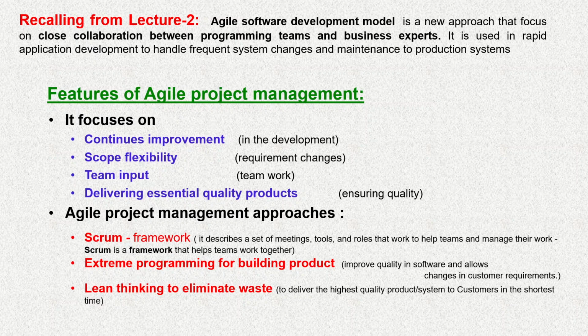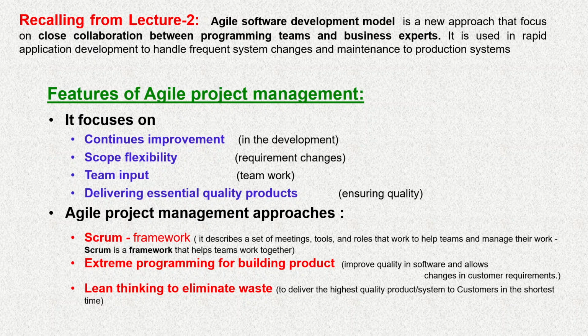What Agile project management focuses on is continuous improvement. The project is not well planned upfront, so we continuously develop it part by part. If you look at mobile applications like WhatsApp, they did not plan every feature in the beginning.